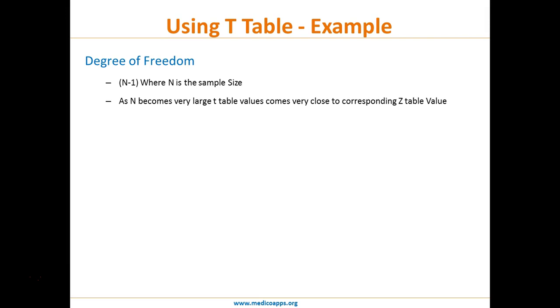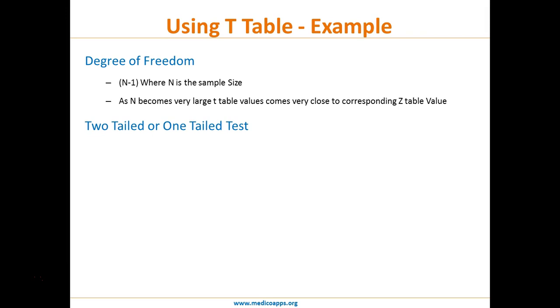We use t-tables because the sample size is low. If the sample size becomes very large, even if we use t-tables, the value will correspond as if we are using a z-table. So the z-table is for descriptive statistics, the t-table is for inferential statistics, and even when using t-tables, if the sample size is very large, t-table values become very close to z-table values.